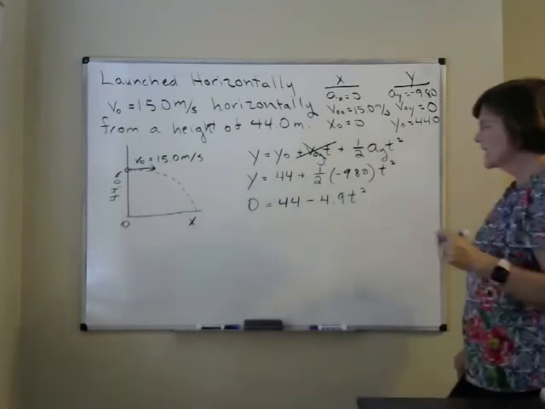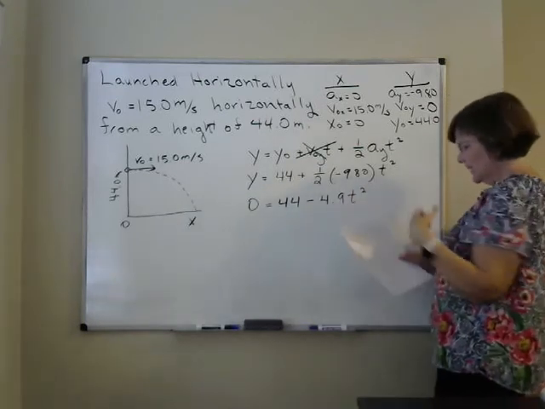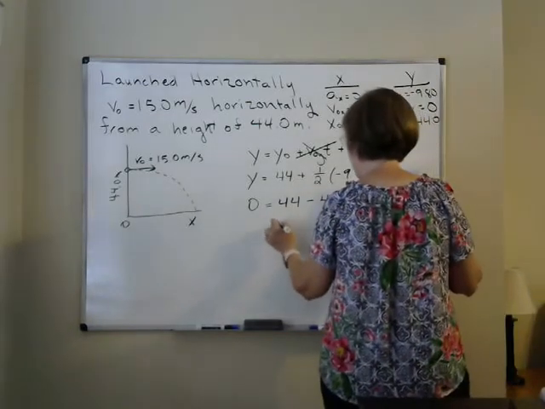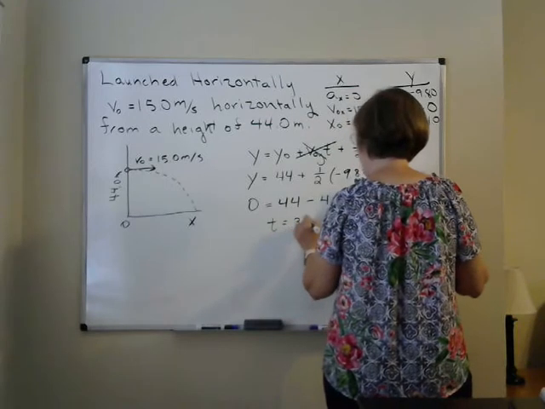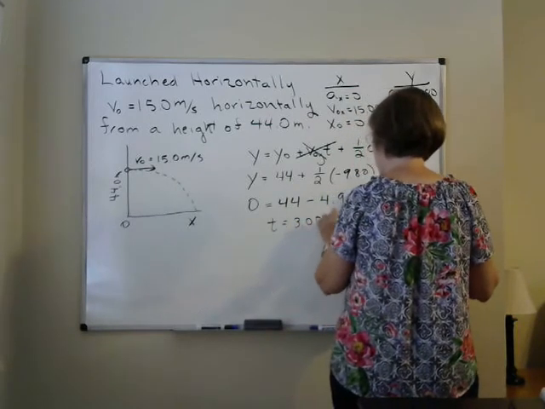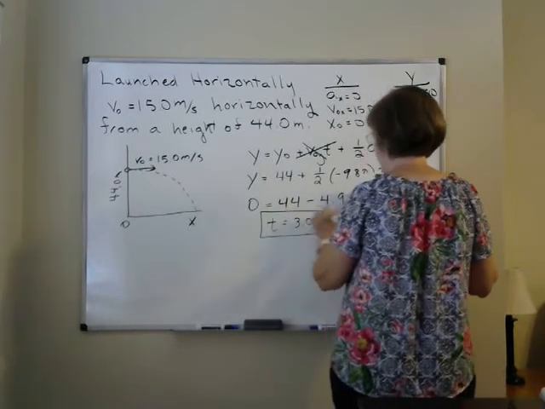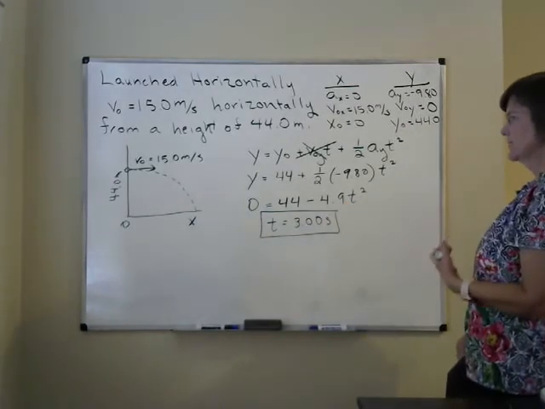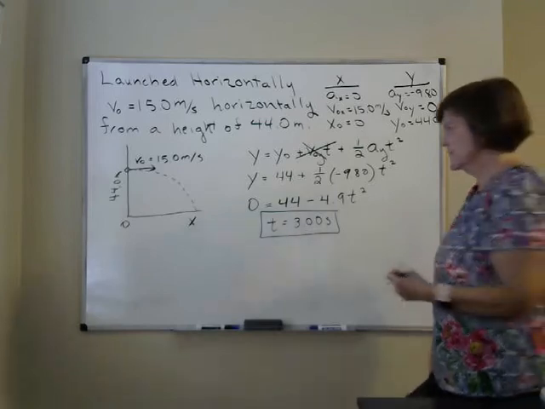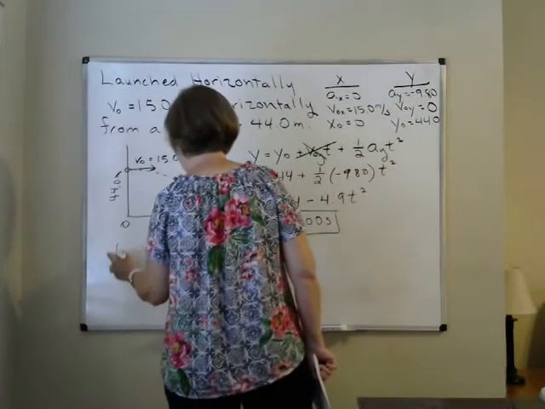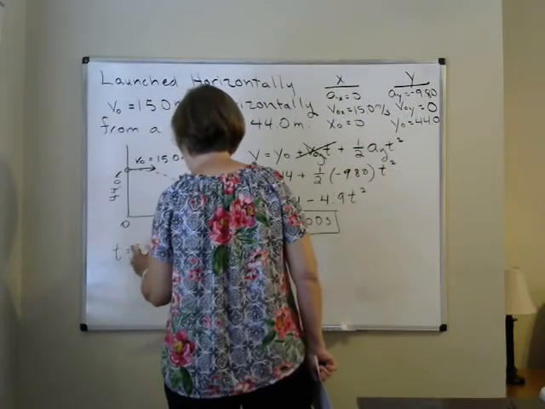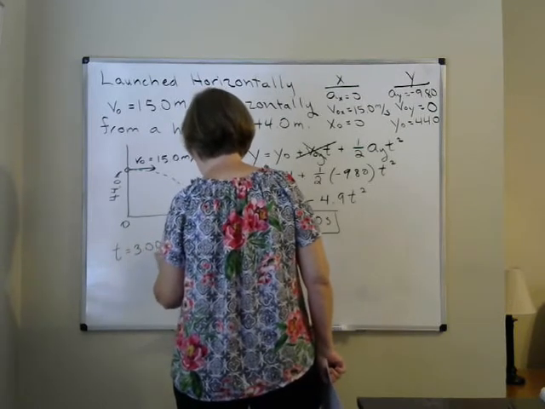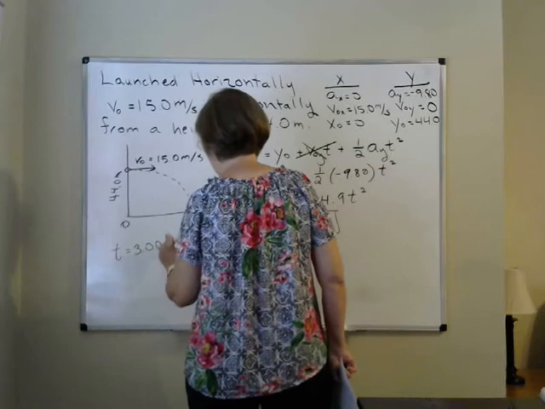I do just a tiny bit of algebra, move the 4.9 to the other side, and I get that t is 3.00 seconds. They gave me 3 significant digits, so I'm going to keep 3 significant digits. That's my flight time. So t is 3.00 seconds.